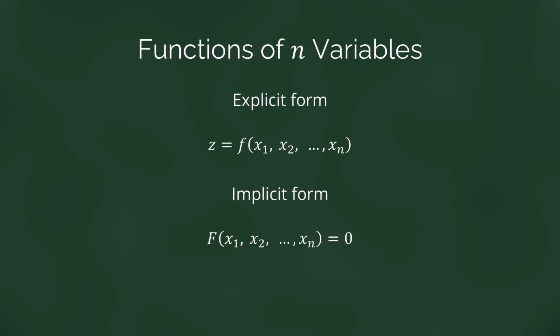Those forms can be extended to as many variables as we choose, where a function of n variables can be written in its explicit form as z equals some function of x1 through xn, or in the implicit form f of x1 through xn is equal to 0.